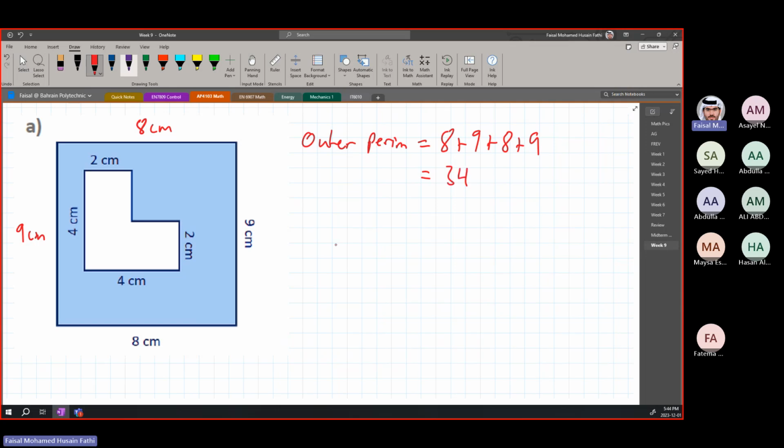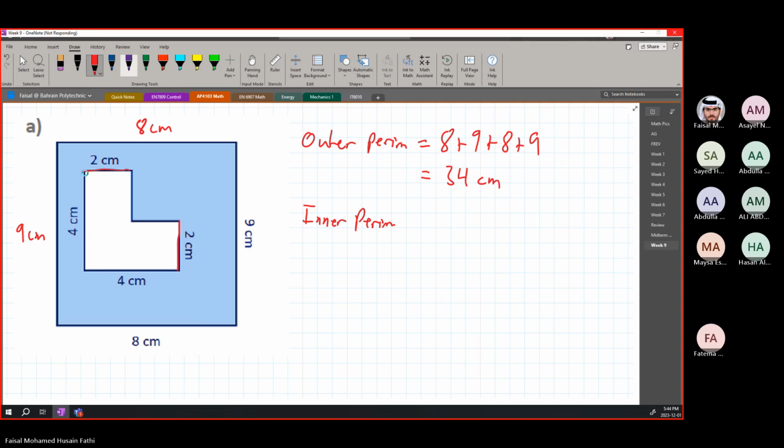Now we find the inner perimeter. The inner perimeter is 2 plus an unknown value we will find, another unknown value we will find, plus 2 plus 4 plus 4. Logically, we have the full side as 4, and we know that this part is 2.